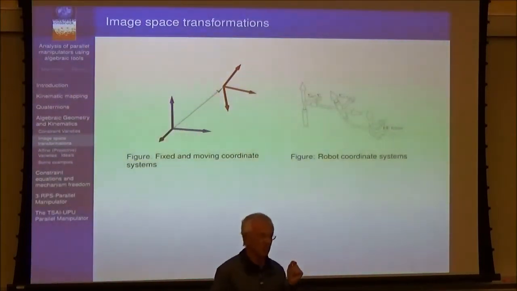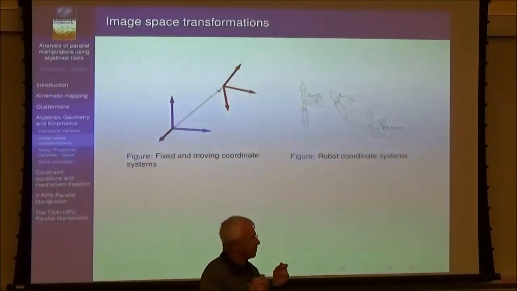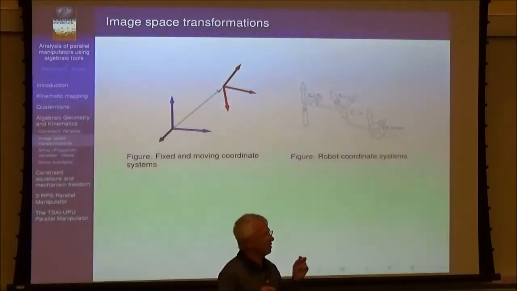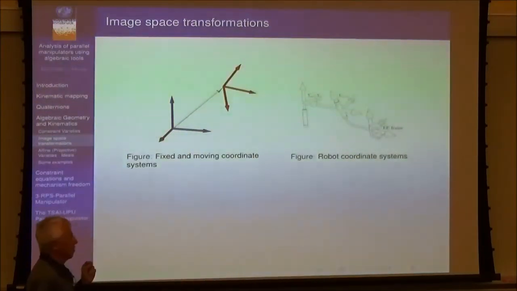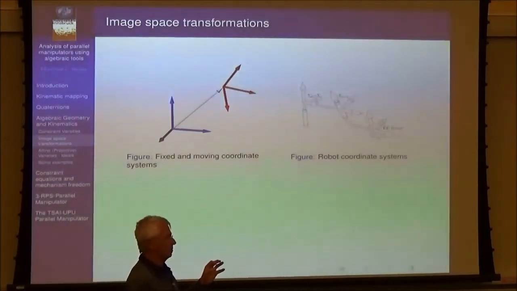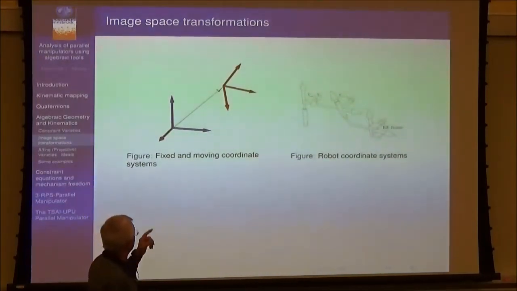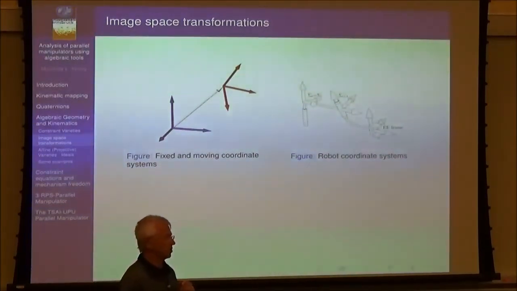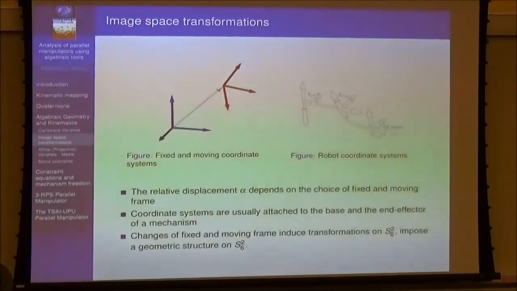By changing the chain in the space, the degree does not change. This is very important because once we change the base coordinate system and the moving coordinate system, this induces in the image space transformations. And one can show these transformations are linear.